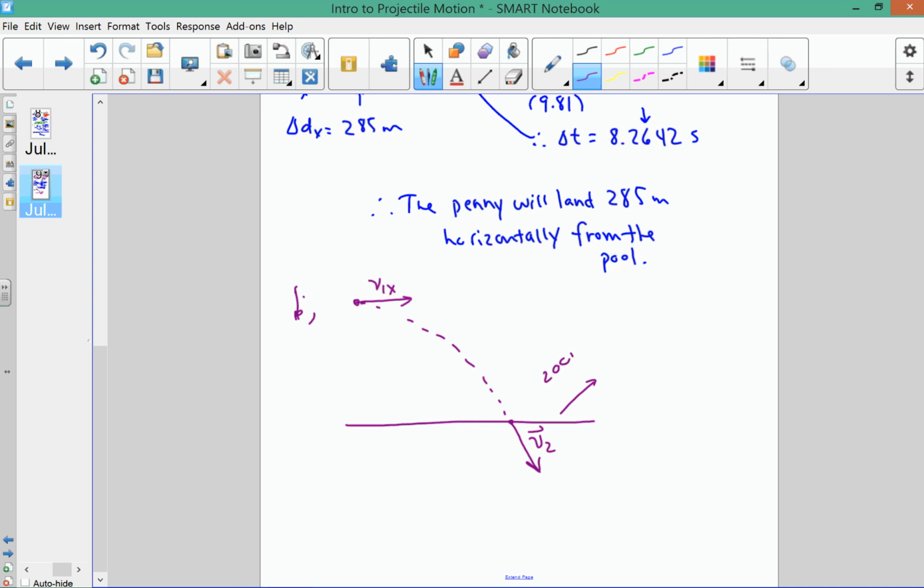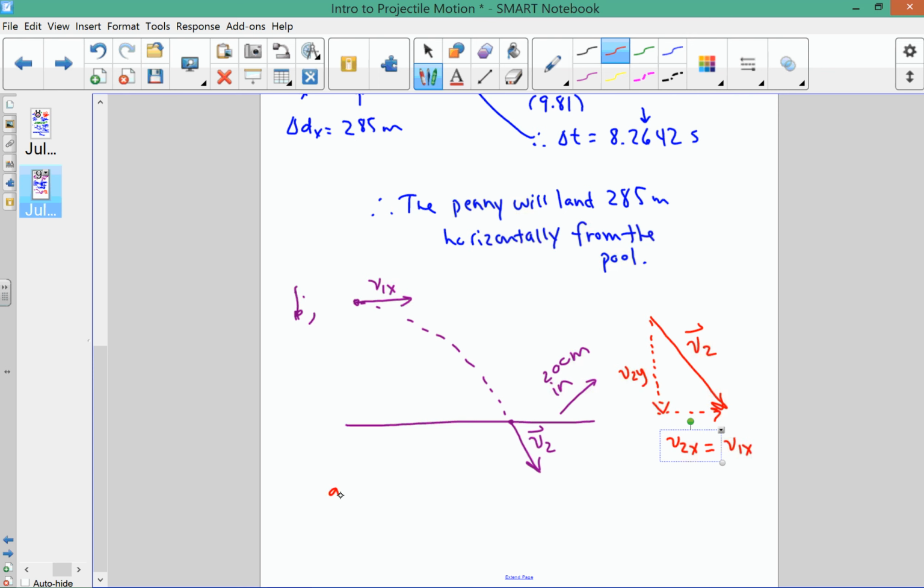Let's zoom in to this vector, v2. v2 is a combination of velocities in each coordinate direction. There's some x component, which is exactly the same as our original velocity, and there's some y component, which we can solve for using our kinematics equations.